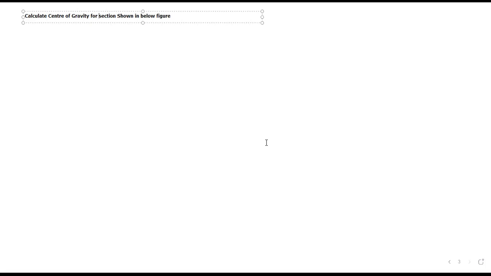Calculate center of gravity for a section shown in the below figure. Some section is given, and for that you have to calculate the center of gravity. For example, some data is given like this, just like this. My drawing is not good, but try to understand what I am drawing here.